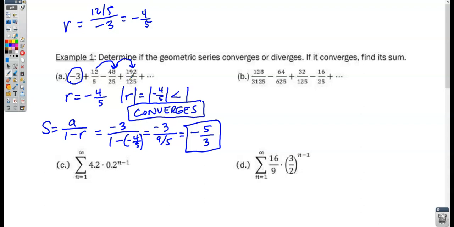All right, let's go on to part B. First thing we want to do is find the value of r.